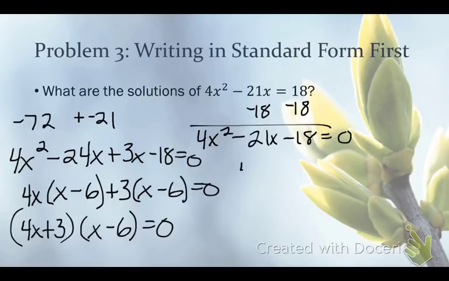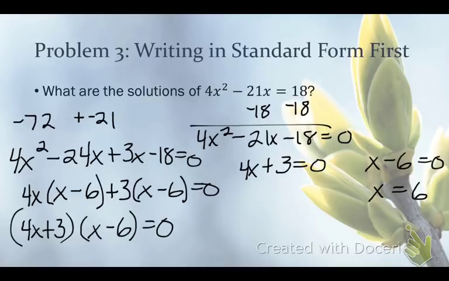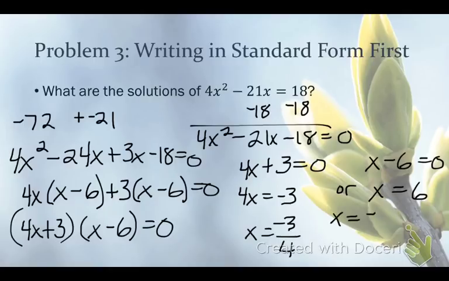So I set those two binomials equal to 0 to figure out my values. So 4x plus 3 equals 0 and x minus 6 equals 0. So this one's going to be x equals 6, or I've got 4x equals negative 3, where x is equal to negative 3 over 4. So x equals negative 3/4, sorry you can't see that very well. X equals negative 3/4, or x equals 6.